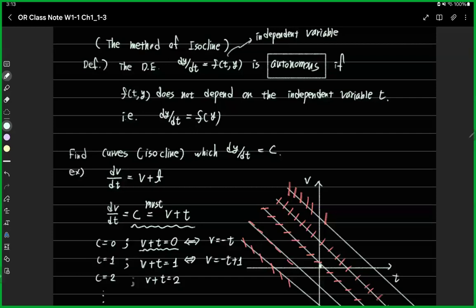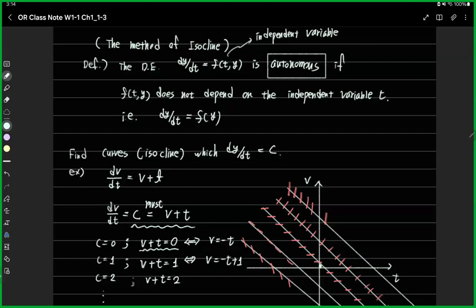So set v plus t equals c, a constant. Then we plug specific values into c, for example 0, 1, 2, 3, 4, 5, 6.